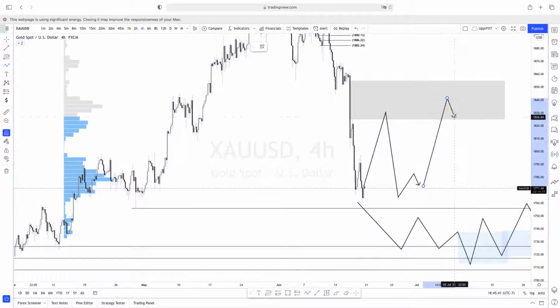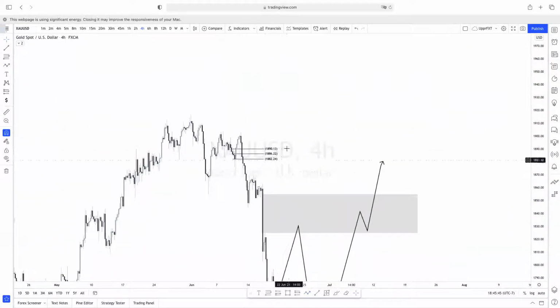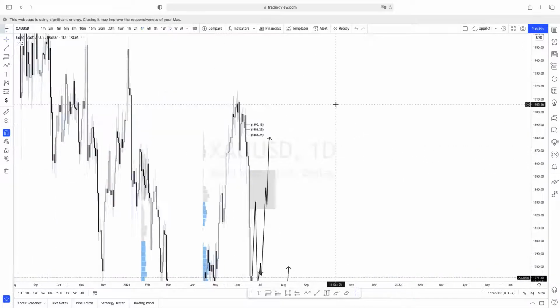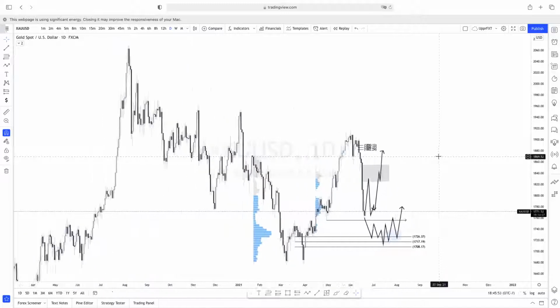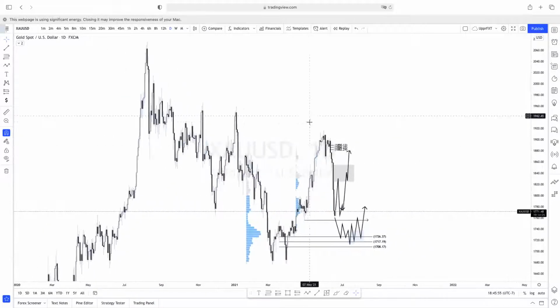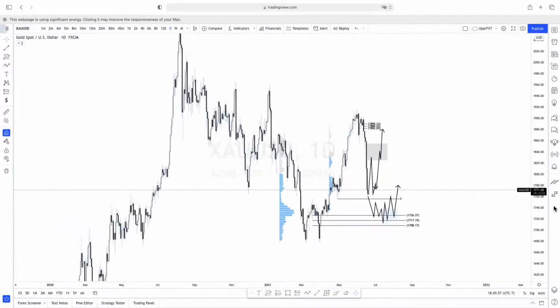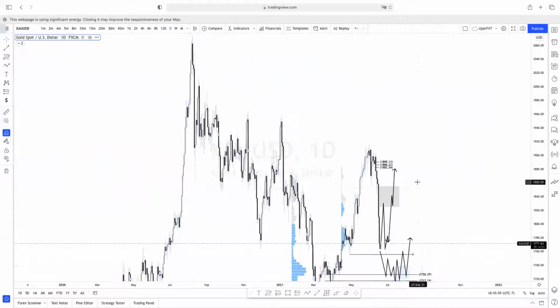Step two could have been mitigate. Why? Because maybe there's an area higher that needs to be mitigated, maybe a supply zone or anything, or it could just be, once again, we don't know what price is always going to do. These zones, we never know they're going to hold 100%, right? That's why we confirm. That's why I wait for the structural shifts.